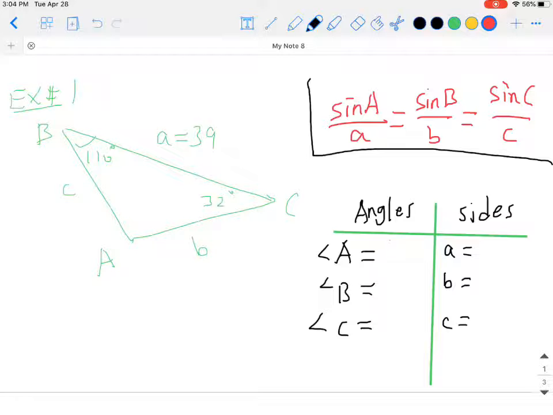For angle A, it's right here. It's not given, but we can find it by 180 subtract 110 subtract 32, since all the inner angles of a triangle add up to 180, and that gives us the result of 38. 38 plus 32 plus 110 equals 180.